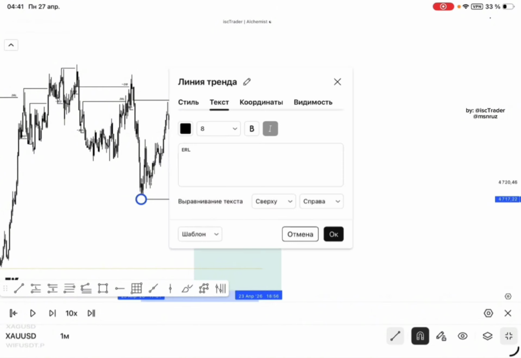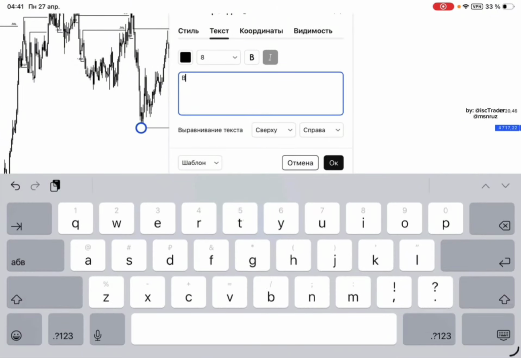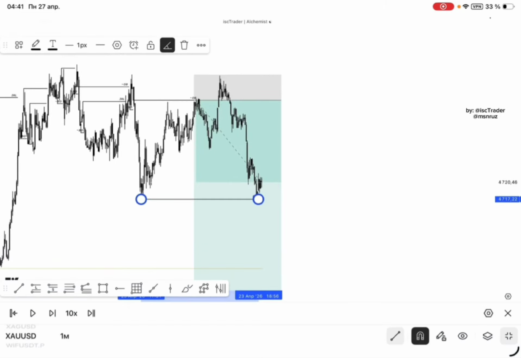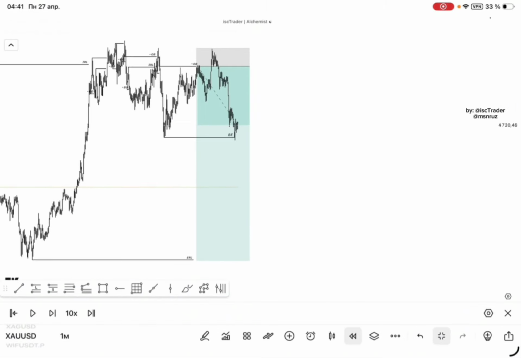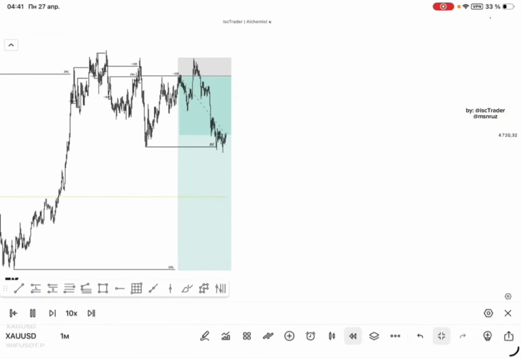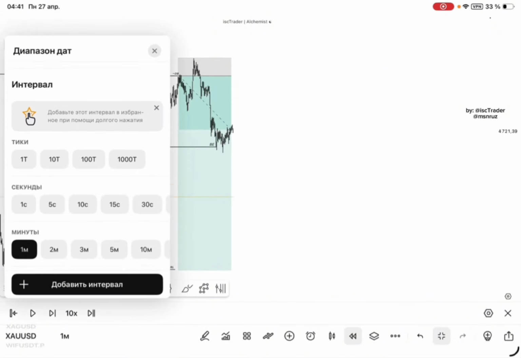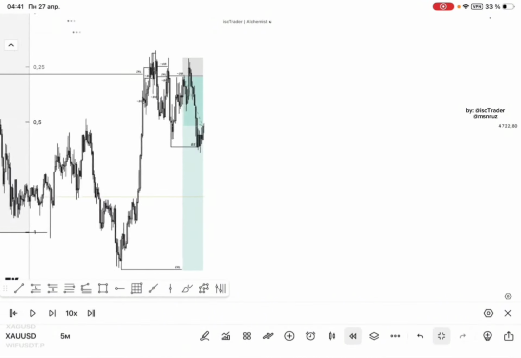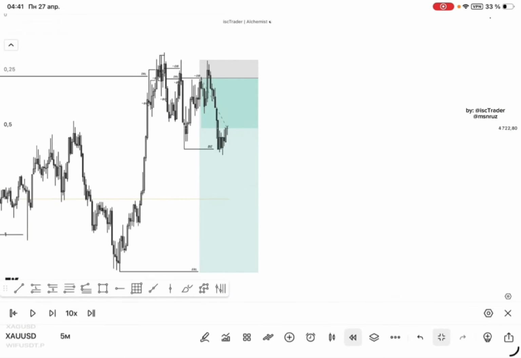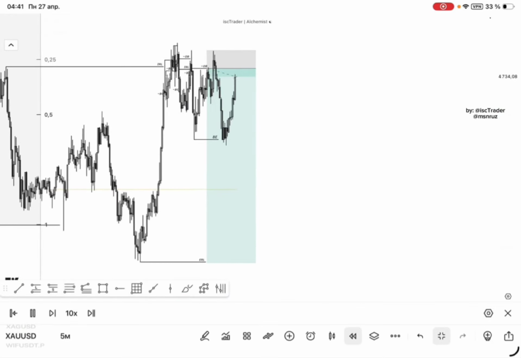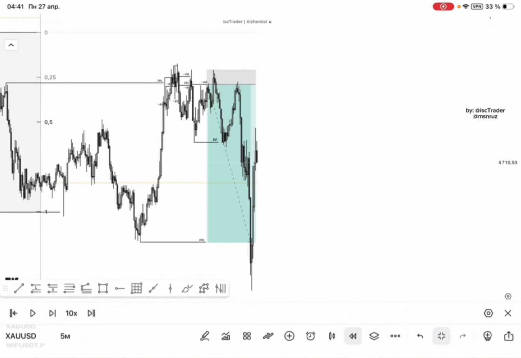First take profit. We move the stop loss into profit. Okay, let's say it didn't work out.